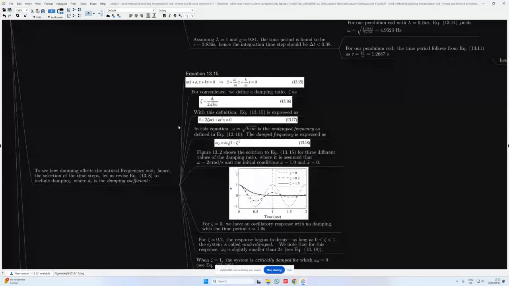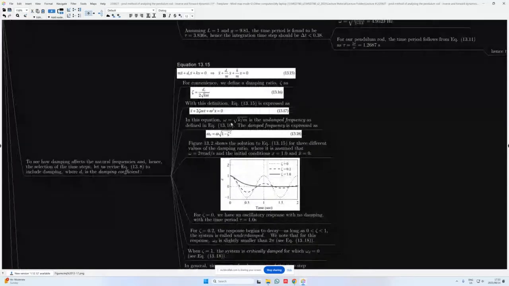In this case, omega is still equal to the square root of k over m. This is known as the undamped natural frequency. And then the damped frequency is expressed as omega with the subscript d, which is equal to the undamped natural frequency multiplied by the square root of 1 minus zeta squared.